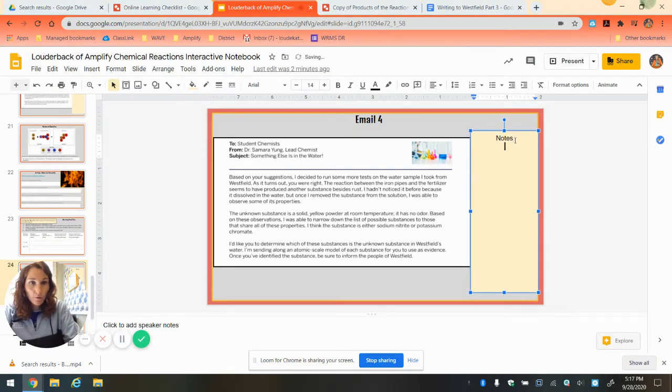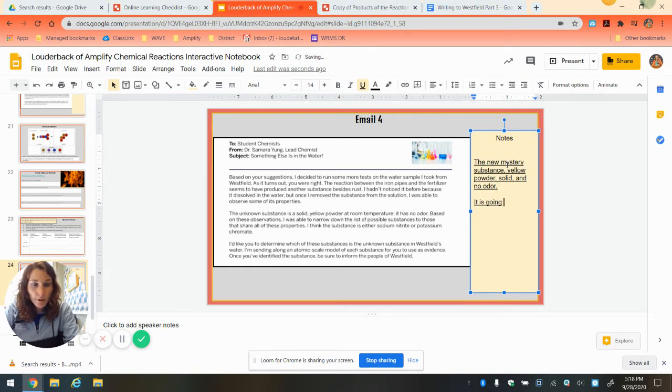Okay, we know that the new mystery substance is a yellow powder, solid, and has no odor.